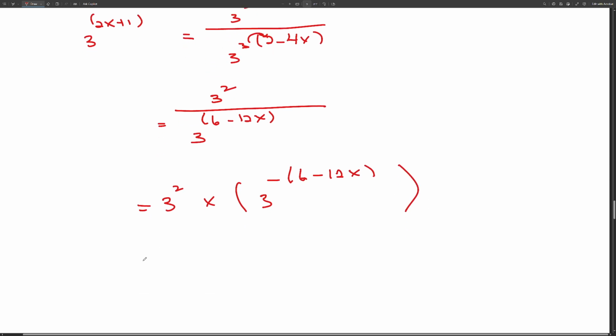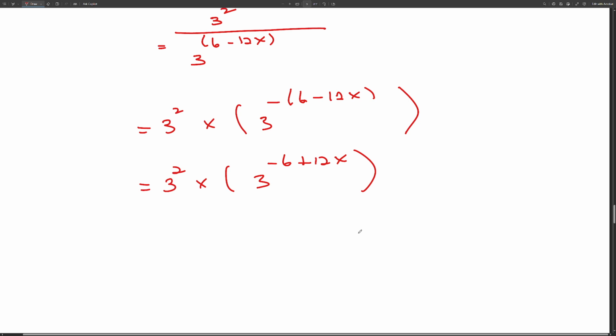Let's simplify this a little bit again. That becomes 3 squared multiplied by 3. This negative sign is coming inside now, so I have negative 6. Negative and negative will come together, I have positive 12x. These bases are the same here now, so let's simplify further and add the powers.